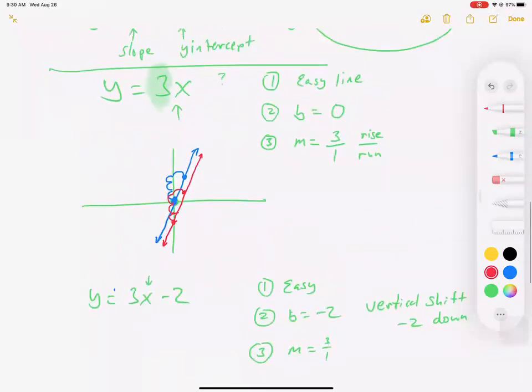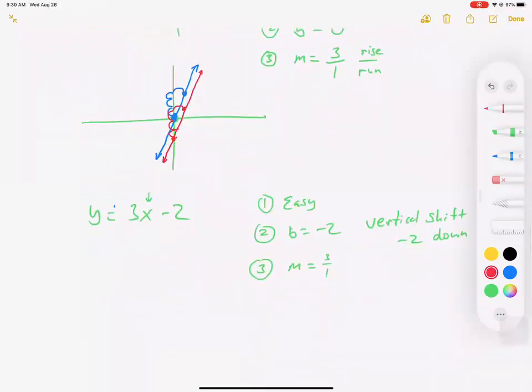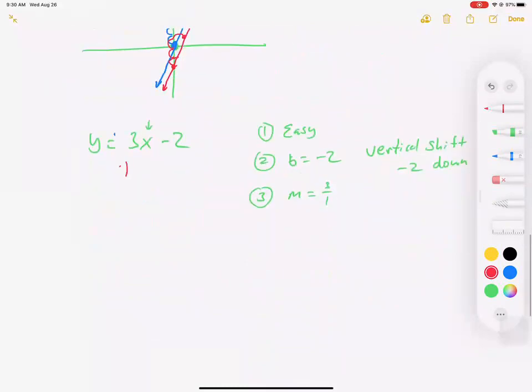So how would I describe the numbers that would affect this graph? The 3 increased the slope to 3, and the -2 shifted the graph down 2 spaces.